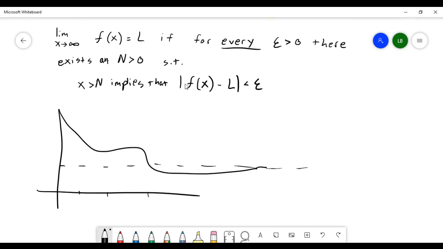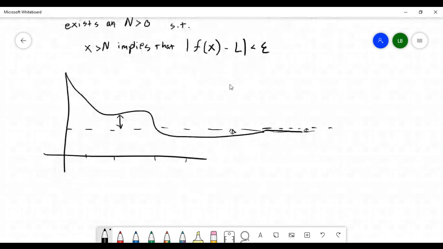As x gets larger and larger, the difference between the actual function value and the limit gets smaller and smaller, until it's basically an infinitely small gap between them. That's what this epsilon definition of a limit at infinity is. I won't do an example of this one. I don't think you should need to prove it in this class at all. I'll do an example of the next one though.